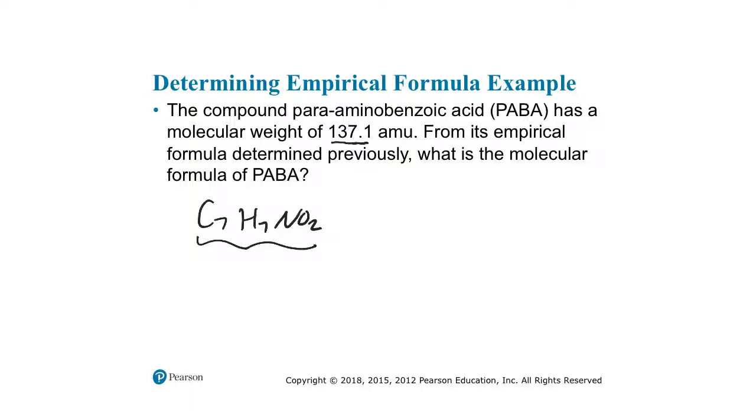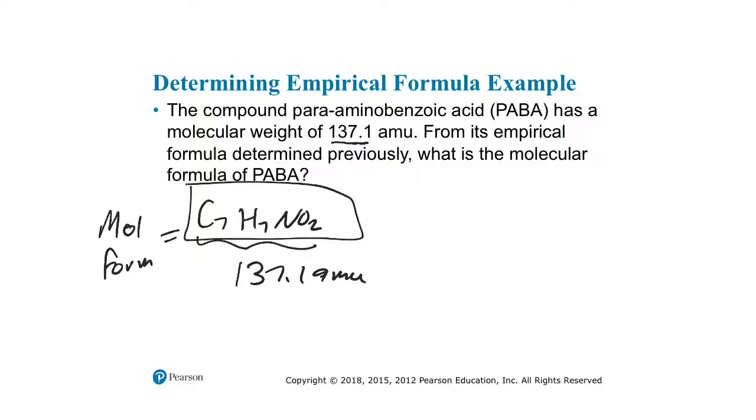That's 137.1. So this compound's empirical and molecular formula are the same. But we need to determine this molecular weight, or have some information about that molecular weight, in order to make this determination.